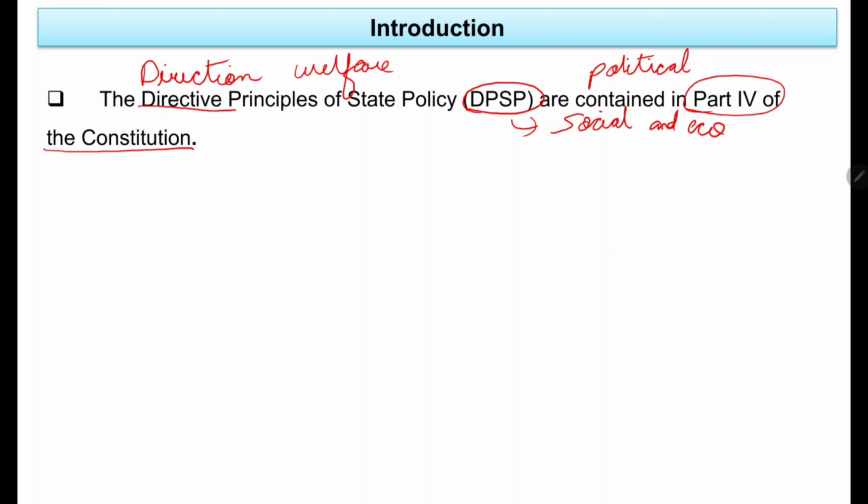So that is one difference between fundamental rights and directive principles: fundamental rights are political rights, and directive principles are social and economic rights. Certain policies that the government should adopt are given here, the guidelines are given here.